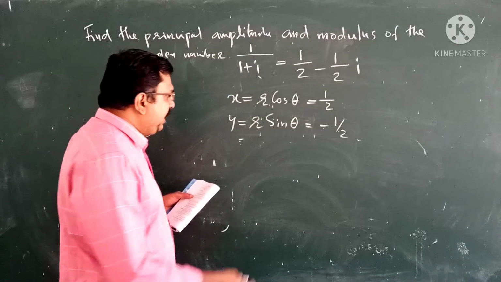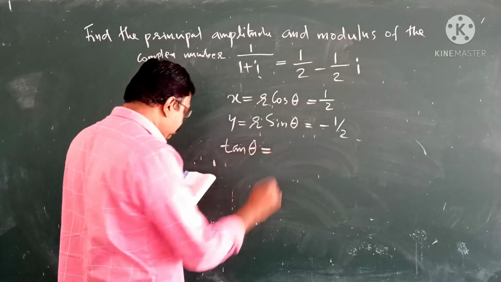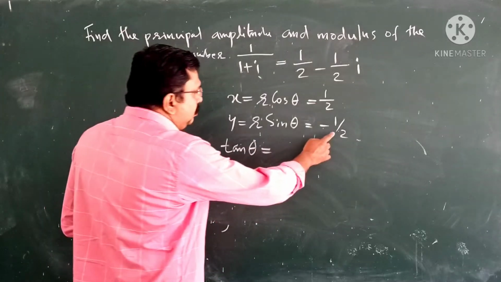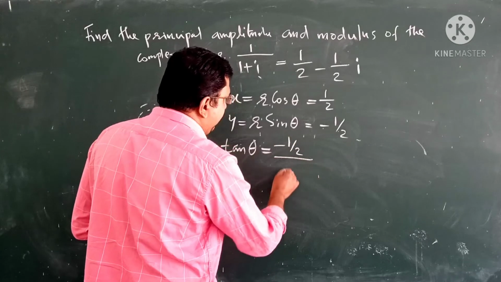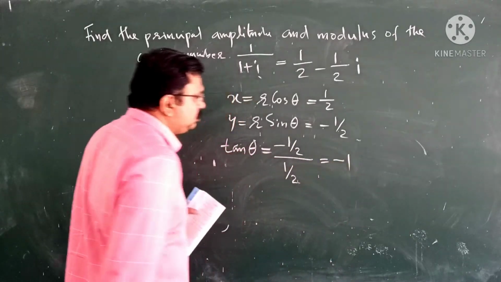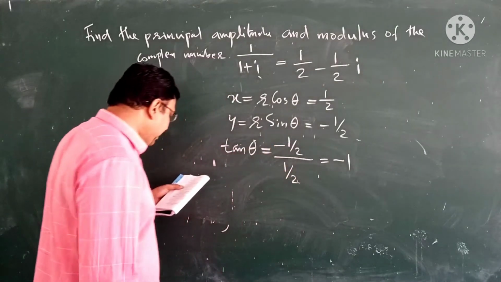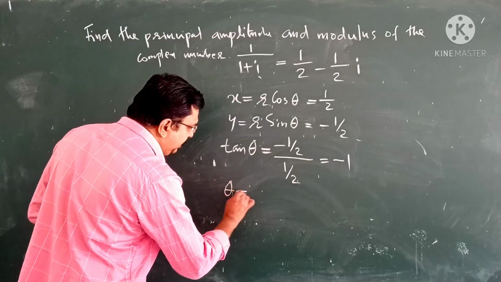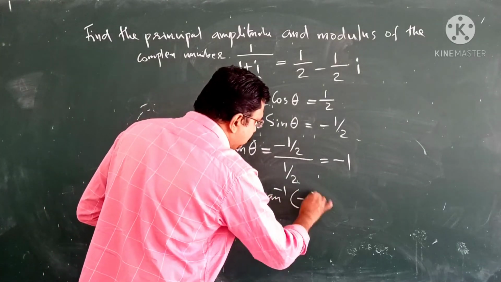Therefore, we can find tan theta equal to y by x, that is minus 1 by 2 divided by 1 by 2, which is equal to minus 1. 1 by 2 and 1 by 2 cancel. Then tan theta equal to minus 1. That means theta equal to tan inverse minus 1.